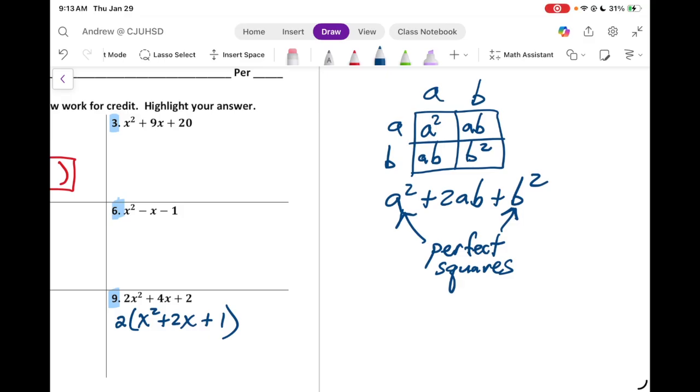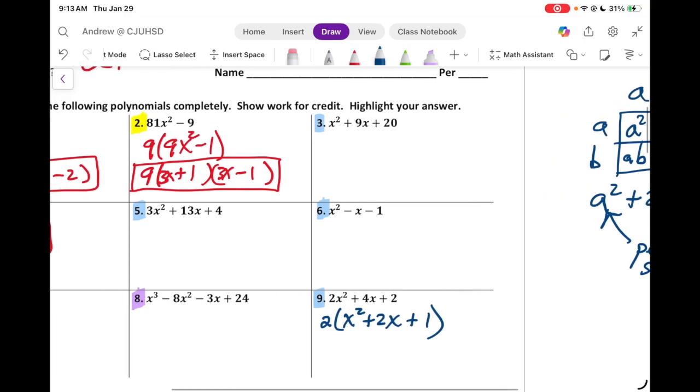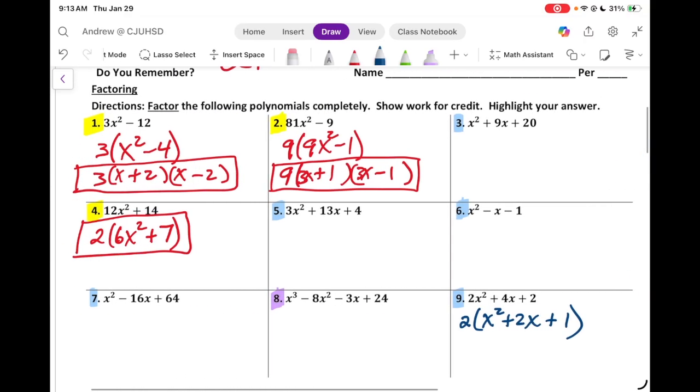So let's take a look through and see if we see the perfect squares pattern there. On number 3, no, because you have 20. That's not a perfect square. Number 5, 4 is a perfect square, but 3 is not out in front. 6 is not. 7, okay, now look. X squared and 64 is 8 squared. So if you took the square root of x squared, that's x. If you took the square root of 64, that's 8.